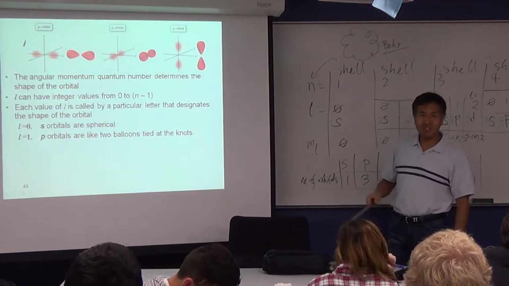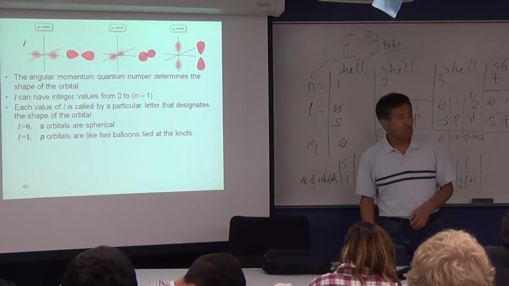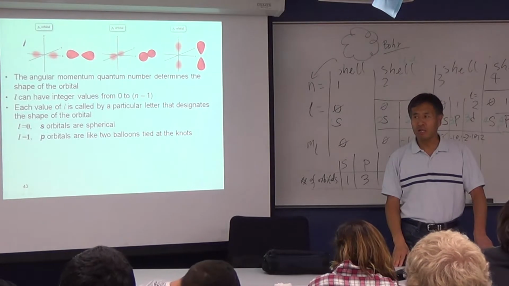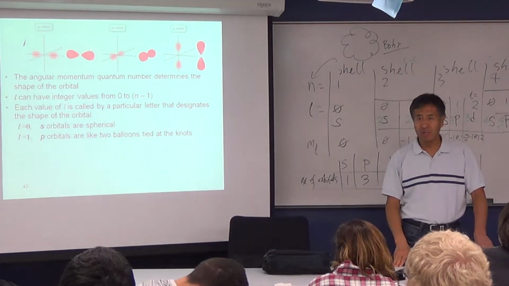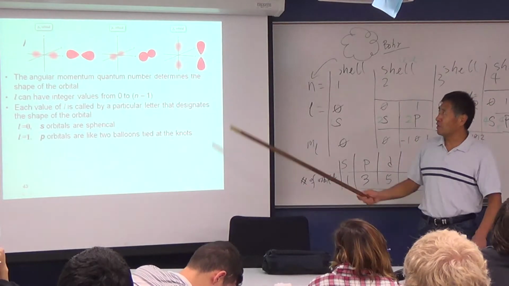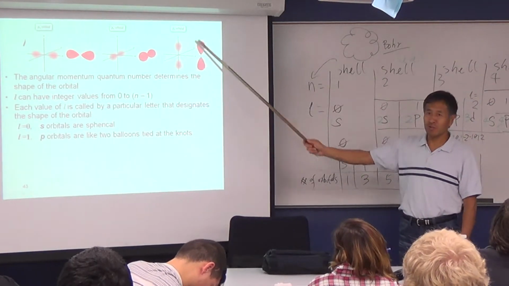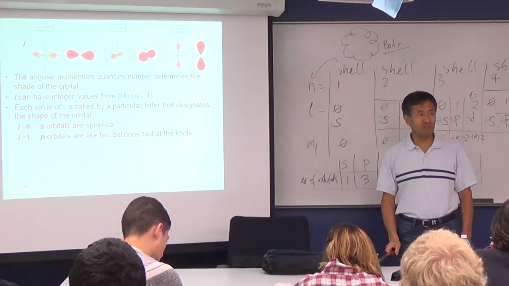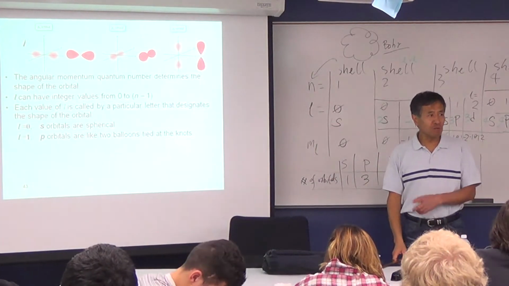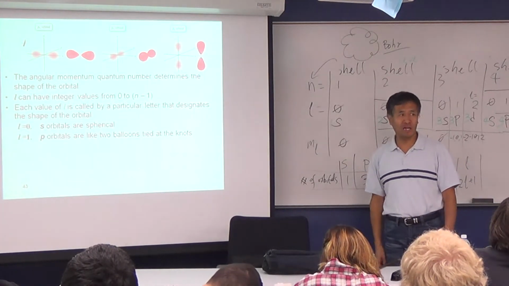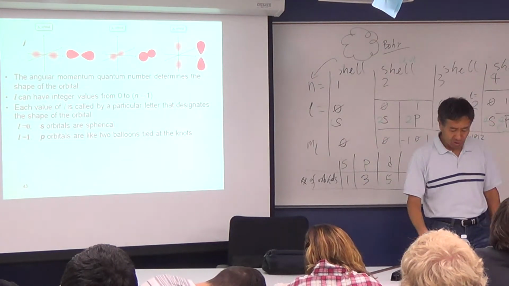The dot density, how many dots you have, represents the probability. More dots, higher probability. Why do you draw so many dots? For convenience, you just draw a specific shape, and this specific shape doesn't mean you're cutting out all the possibility of the electron beyond that.